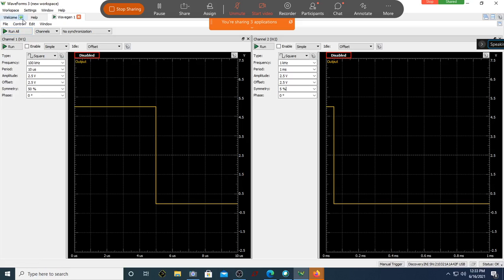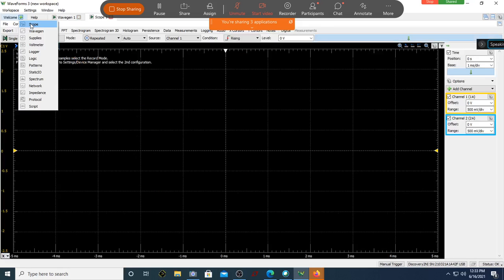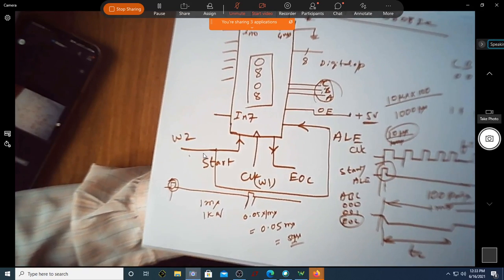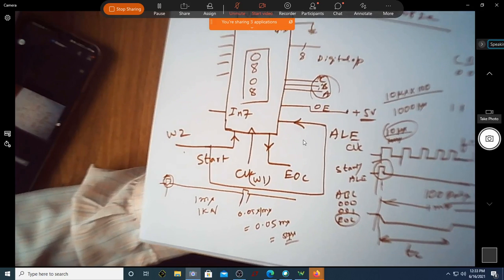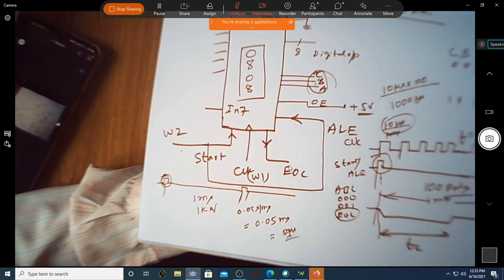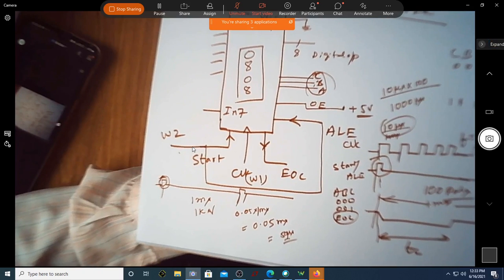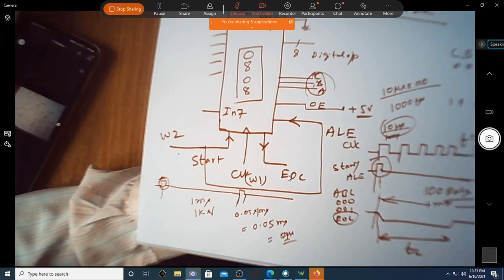Okay. Before that, I want to see what all things I want to see here. Let me go back to this. I want to see when my start signal is coming and when my EOC is coming. After giving the start, I want to see after what time I get EOC.